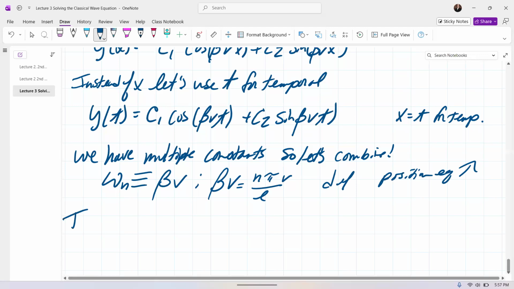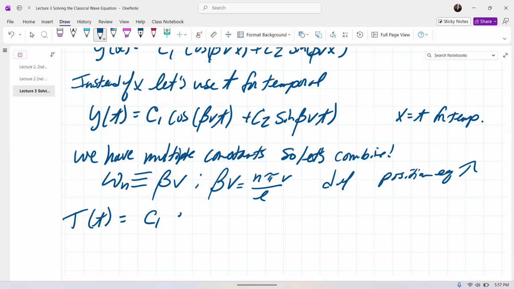So now we have T of t equals c1 cosine βvt plus c2 sine βvt.